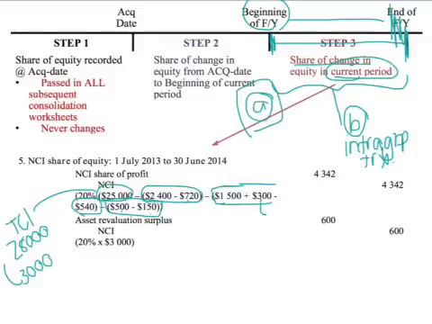Remember, in that step 1 calculation, we've calculated the NCI share of the BCVR. So if we don't adjust for the subsequent higher depreciation, we're basically going to double account for those benefits of the higher value asset.